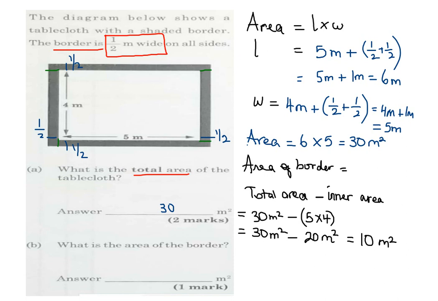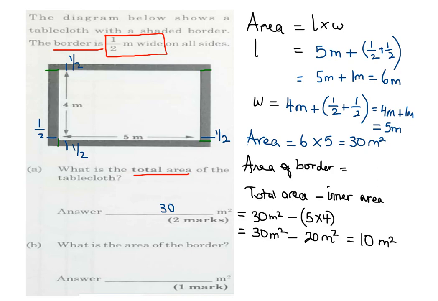So definitely the easier way would just simply be take the area of the unshaded region of your diagram, which is the inner rectangle as I showed you all before, and you're just subtracting that area from your total area. And that's as simple as that can be to get the area of the border. Okay?